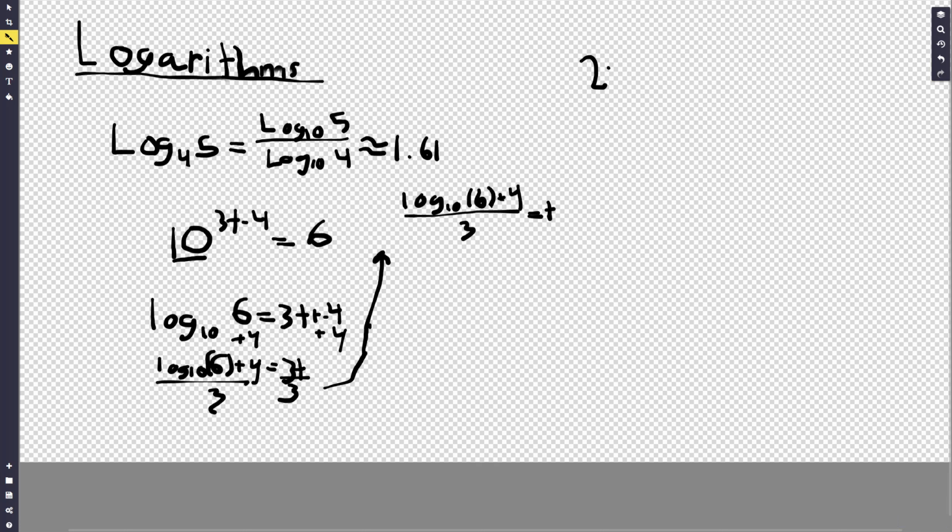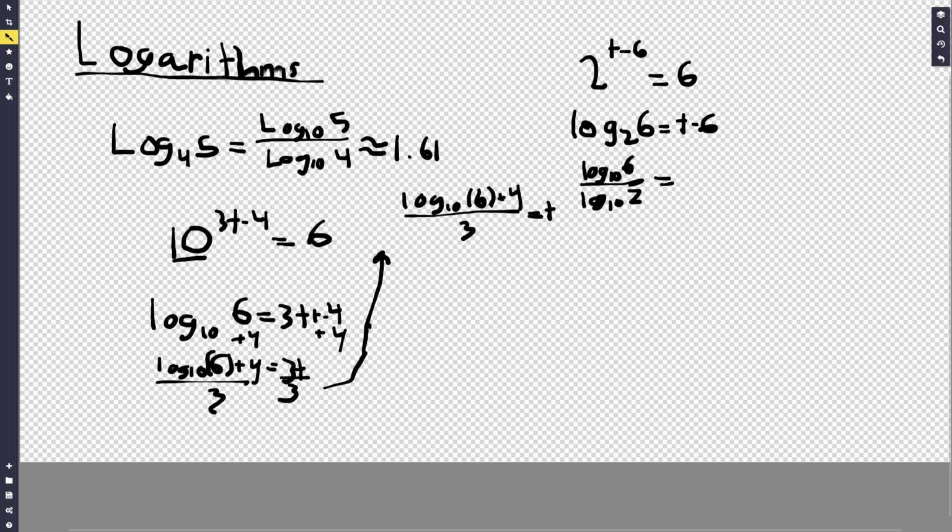How about we do 2 to the power of t minus 6 is equal to 6. So let's rewrite this as a logarithm. Log base 2 of 6 is equal to t minus 6. And remember, our calculators are probably not going to be able to do log base 2. So let's do our change of base, and we can find that log base 2 of 6 is equivalent to log base 10 of 6 divided by log base 10 of 2.